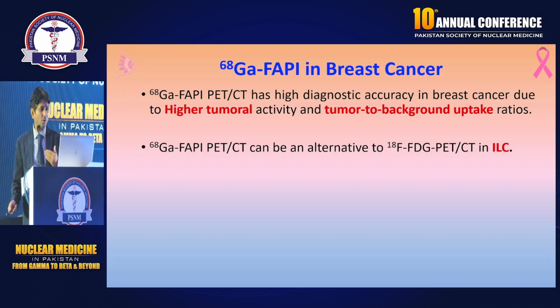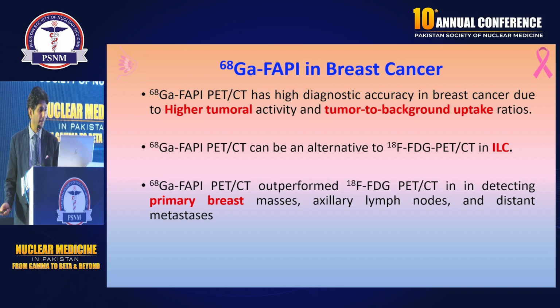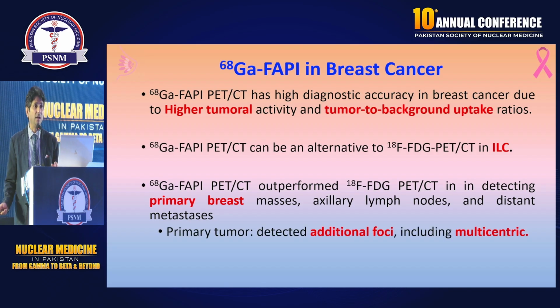So what is the role of FAPI in breast cancer? It has a high diagnostic accuracy, high tumoral uptake, and high tumor to background ratio, and it will be an alternative for tumors like lobular breast cancer, which has very low avidity on FDG. It outperformed FDG not only in the primary tumor but also in the axillary lymph nodes.